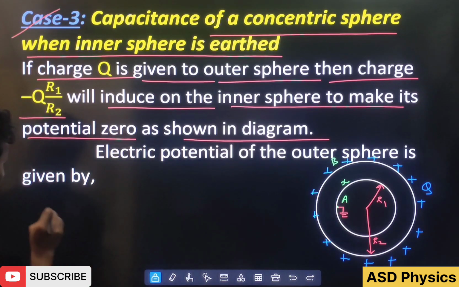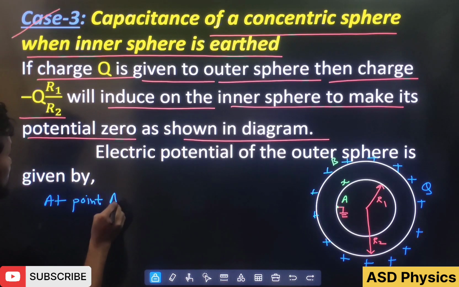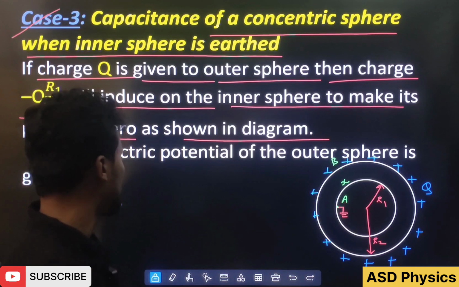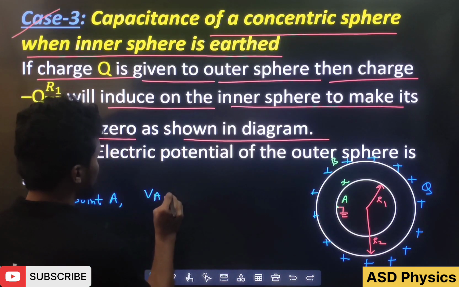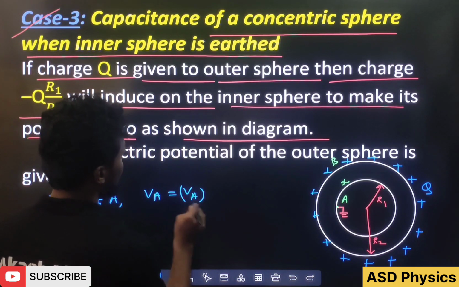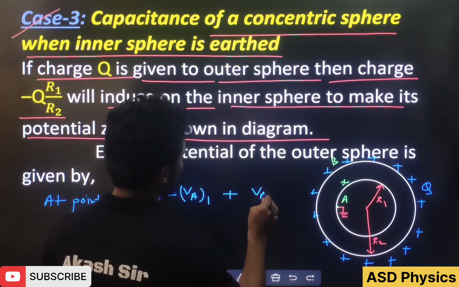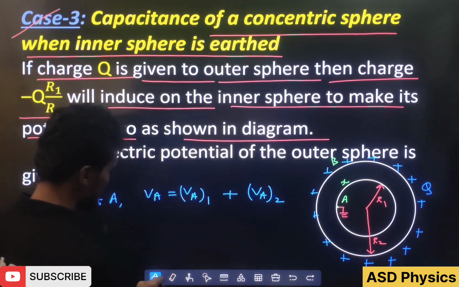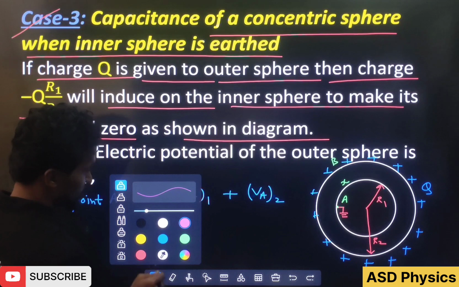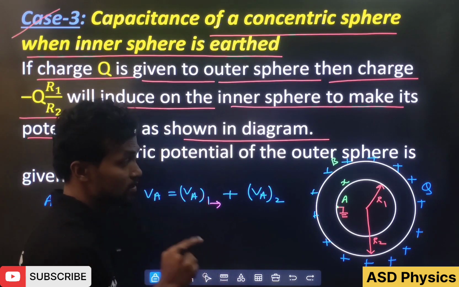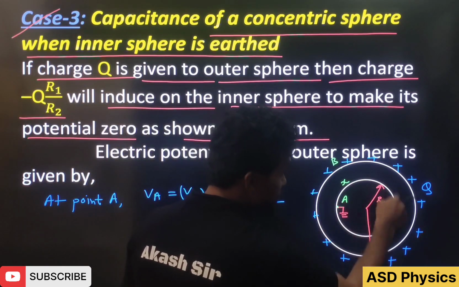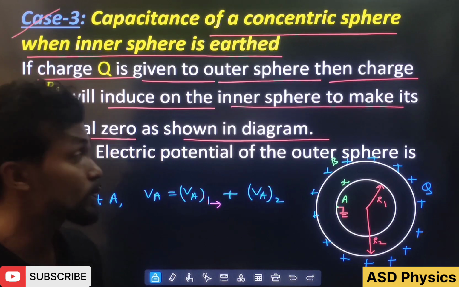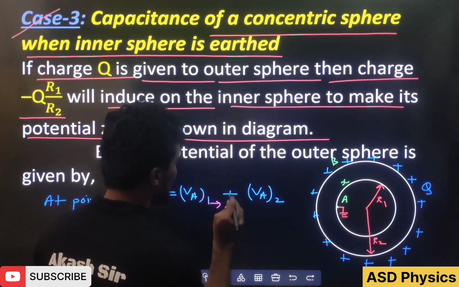So see here, at point A. Students, here please, at point A, VA equals VA1 plus VA2, where 1 means the inner sphere and 2 means the outer sphere. Now, point A with respect to 1 is where?